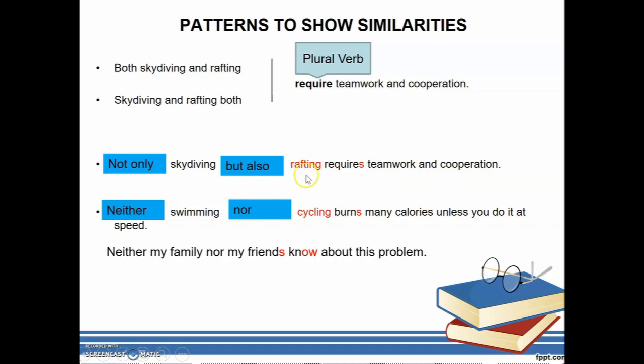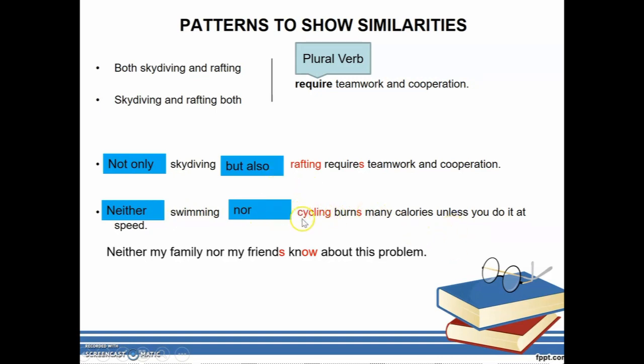Please be careful with the red parts because the word next to the verb determines the form of the verb. If this word is singular, then the verb form also needs to be singular. Neither swimming nor cycling burns many calories unless you do it at speed.